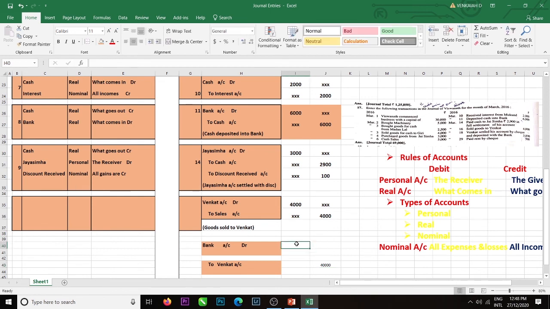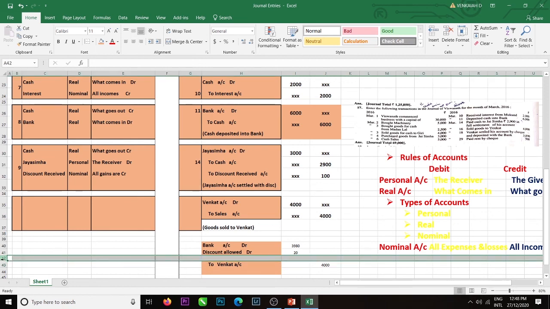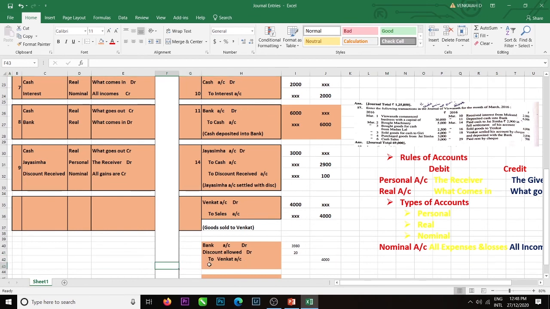Check amount is 3,980. 220 rupees is a discount, which is a loss. All losses should be debited. Check: 4,000 is equal to 4,000. Narration will be Venkat account settled.